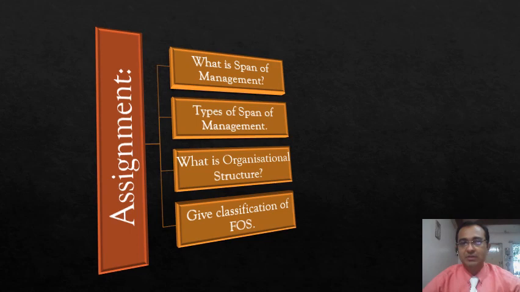When we discuss the classification of a functional organizational structure, it includes the theoretical part as well as the classification which we have discussed today, which was the board of directors, managing directors, and different heads, which were further classified into subtypes. So that exactly makes up the classification of functional organizational structure.